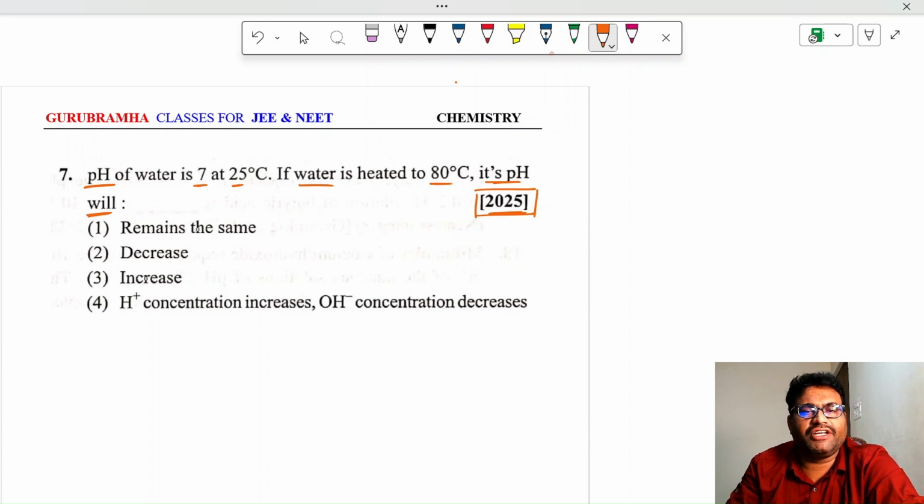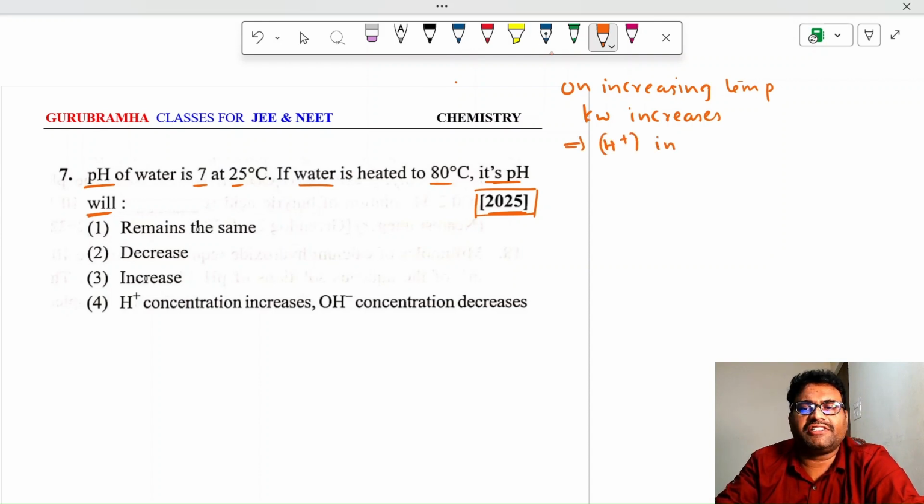Now only we have seen H plus ion concentration. So we have studied that on increasing temperature, Kw increases. If Kw increases, then H plus ion concentration increases.